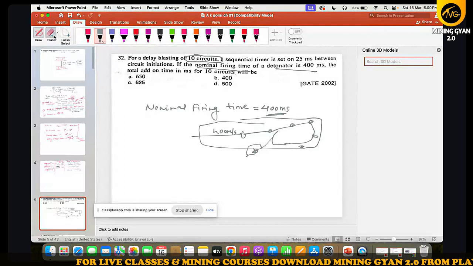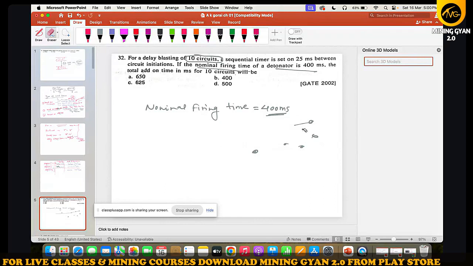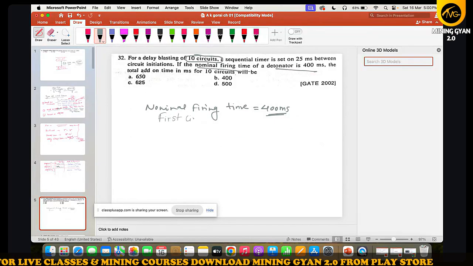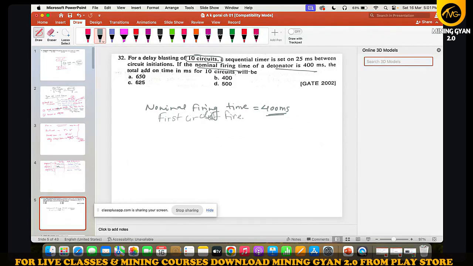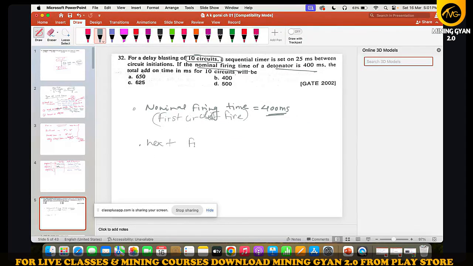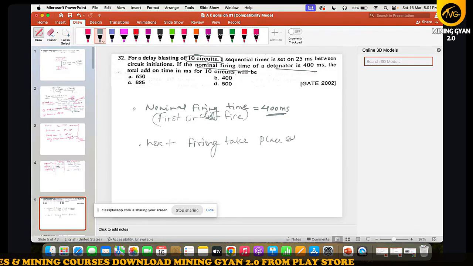So nominal firing time is, so we call it the first circuit fire. So next firing takes place in 25 millisecond.